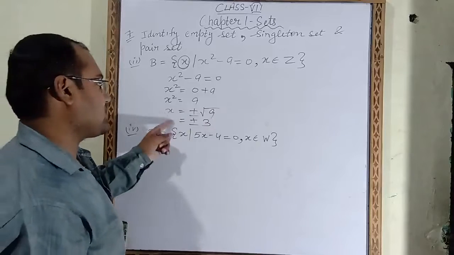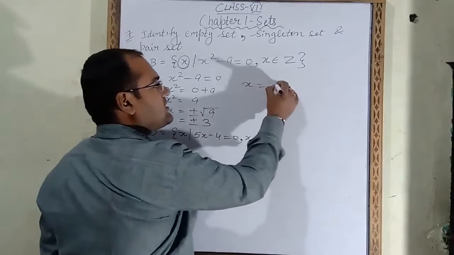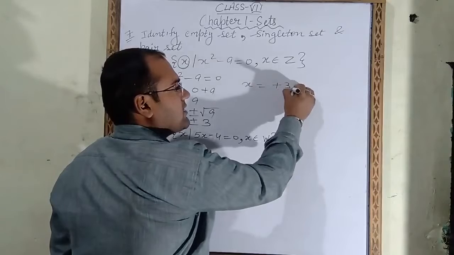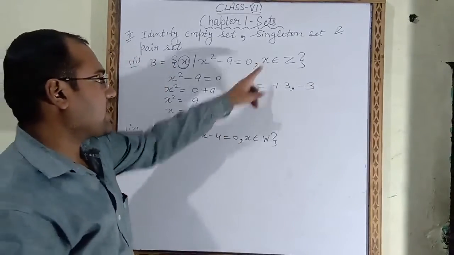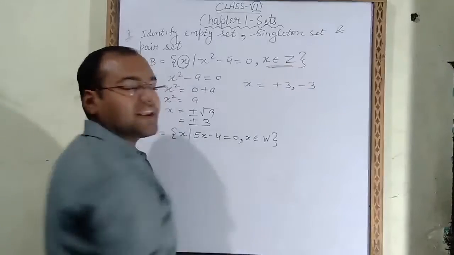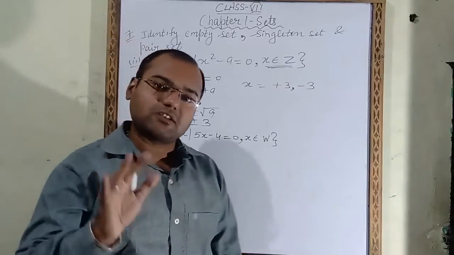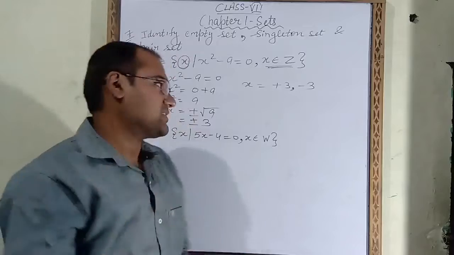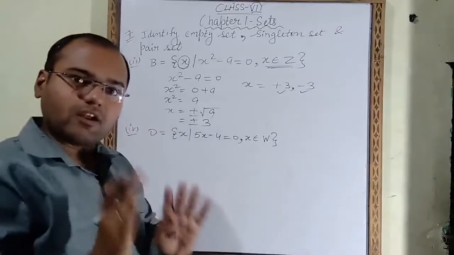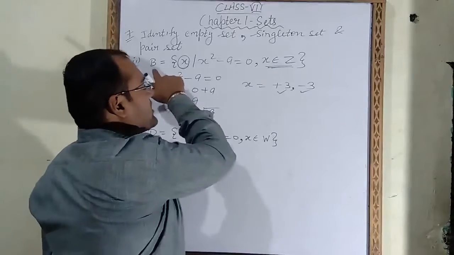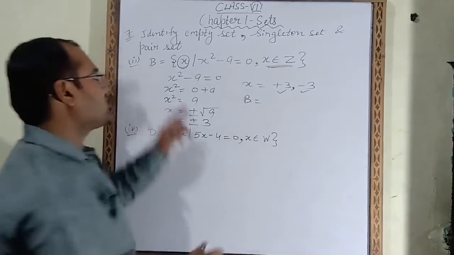That means x has two values, plus 3 and minus 3. Now we will check it. Here he said x belongs to integer. Integer means we can take positive numbers and also negative numbers. That means both values of x, plus 3 and minus 3, are correct.